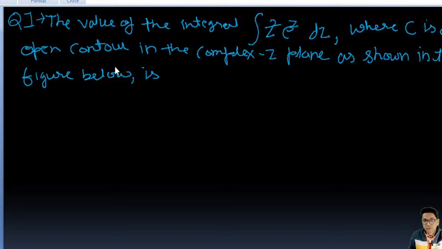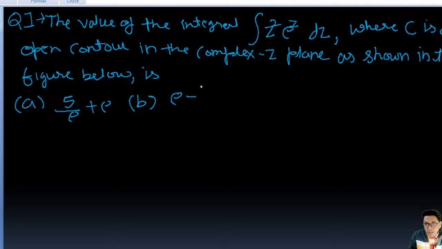Options are given. I'll draw the figure as well. Option A is 5 upon e plus e. Option B is e minus 5 upon e.